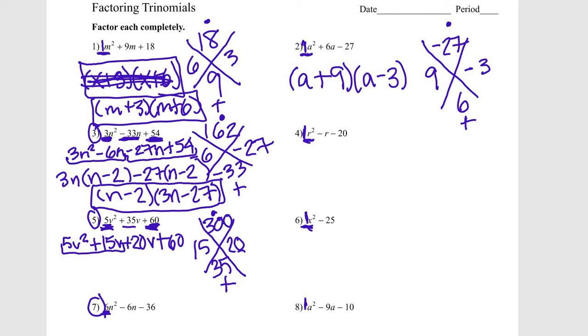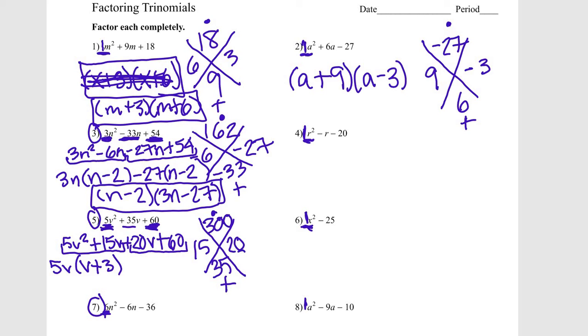And this makes sure that I can factor by grouping. So then I'm thinking of numbers that go into 5 and 15. I know that 5 and v goes into each term. So I factor out 5v. If I divide this by 5v, I'm left with v. 15v divided by 5v is 3.